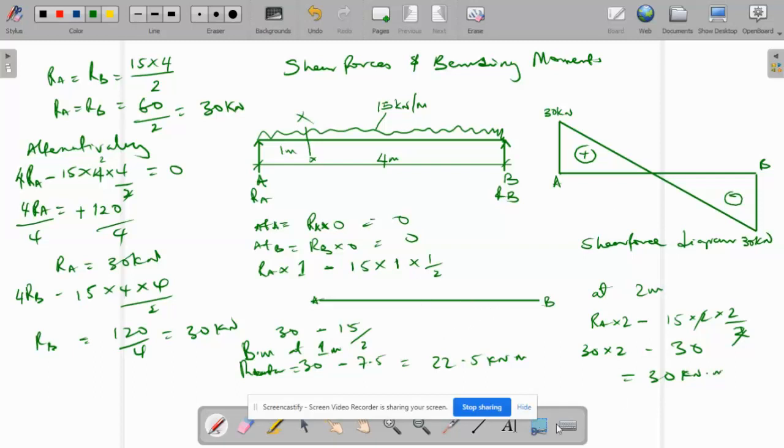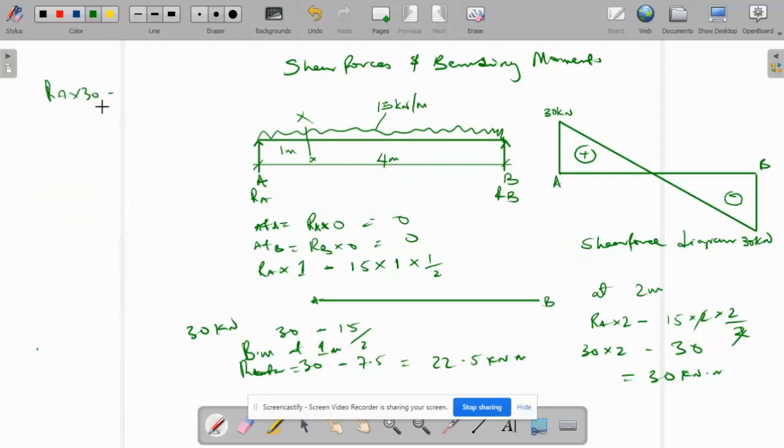We consider at 3 meters. Because at 3 meters from A, we have reaction A times 3 minus our load here, 15 times 3 times 3 over 2. So what we have here is a reaction times 3, not 30, because we're talking about 3 meters. So we're going to have 90 minus 9 times 7.5, because these two can cancel out to give us 7.5 times 3 times 3.